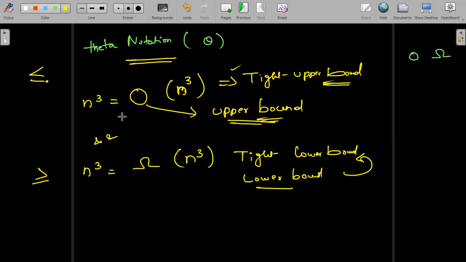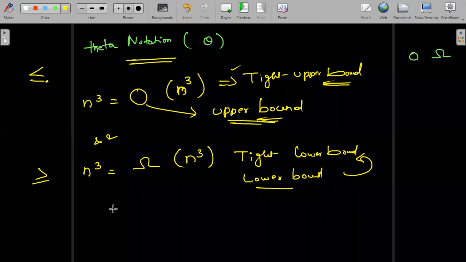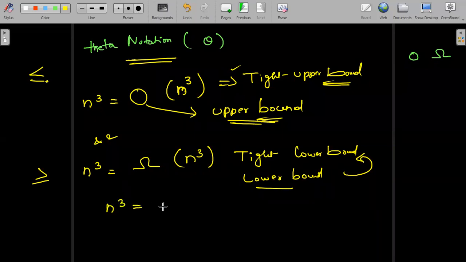So if both conditions are satisfied, simply we can say that theta is going to be satisfied here. Between these two, theta is possible. That is the reason why we can say that n cube is equal to theta of n cube.